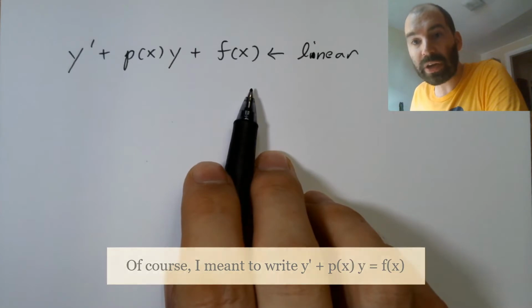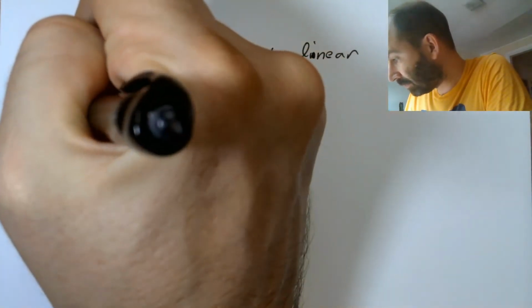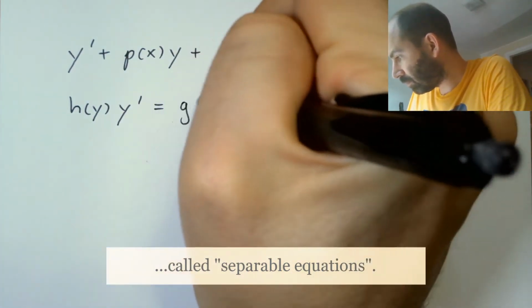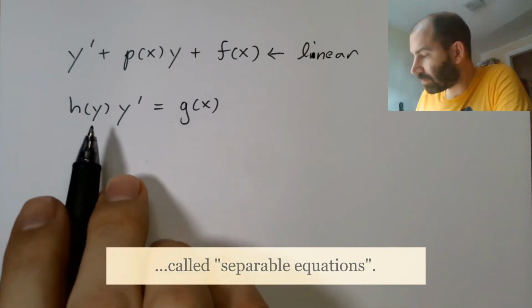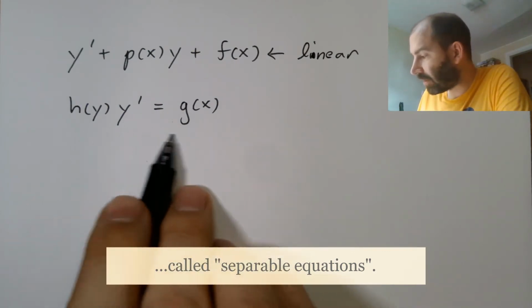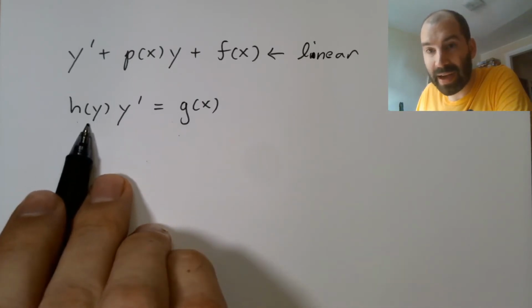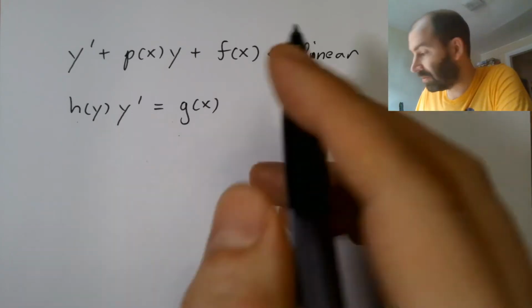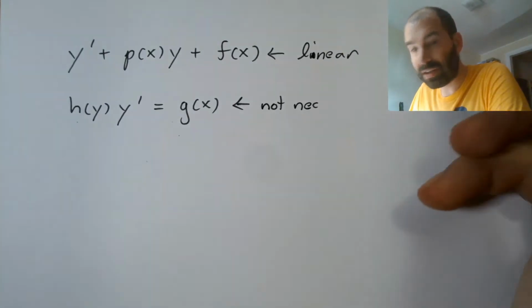So what we're going to look at today are differential equations that can be written in this form. These are not necessarily linear. If h of y is not a constant, then this is a nonlinear differential equation.